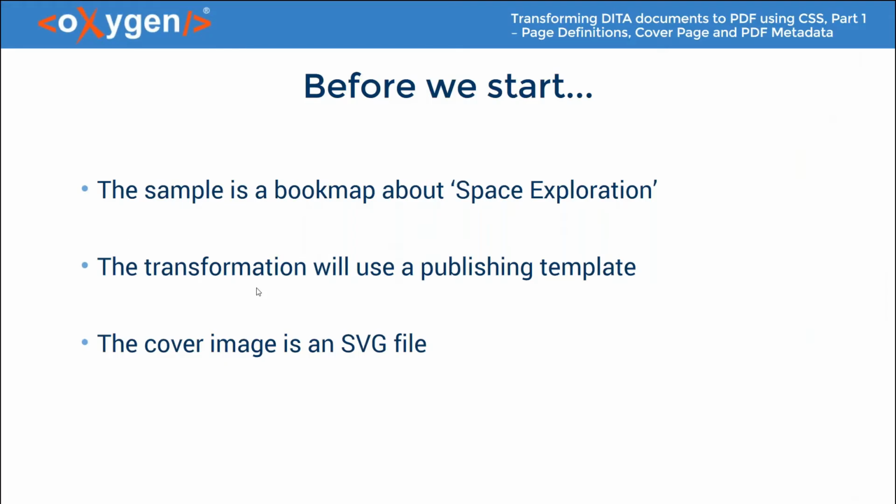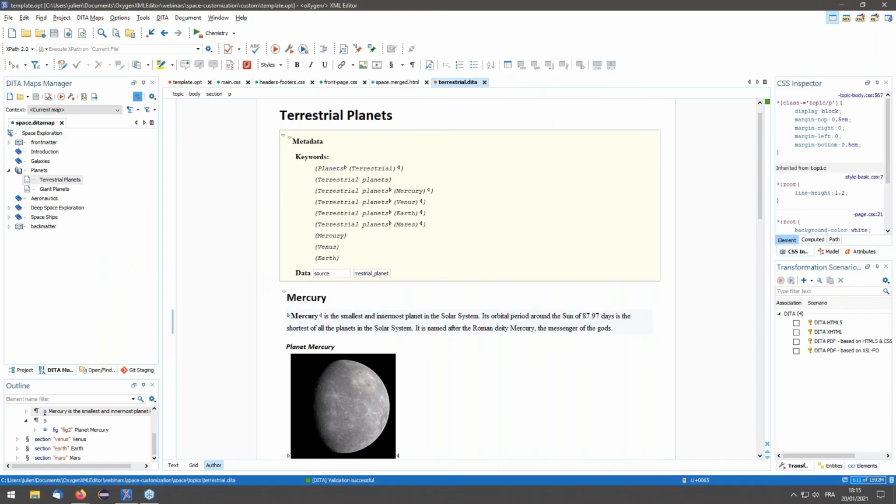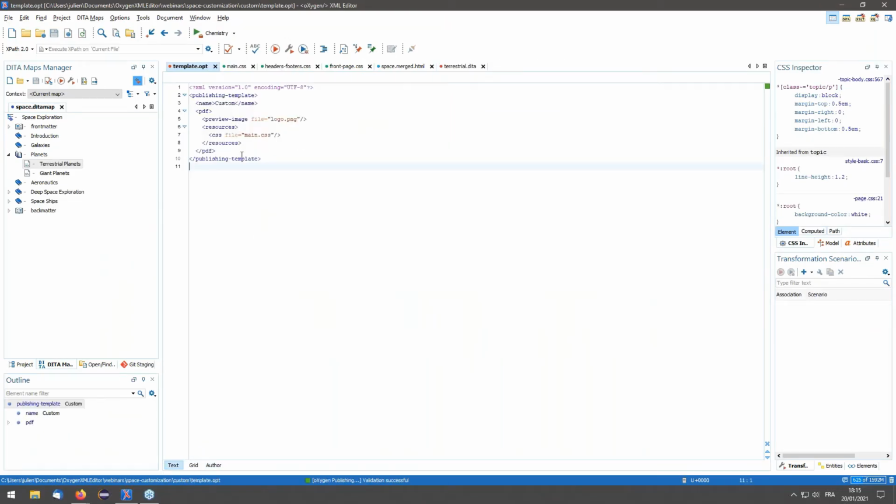The transformation I will use is the PDF using HTML5 and CSS, and I also will use a publishing template just for showing the most complete way of defining the transformation by using a publishing template. You can also use just the parameters available inside the transformation, but for making a more complete example, I will take the publishing template one.